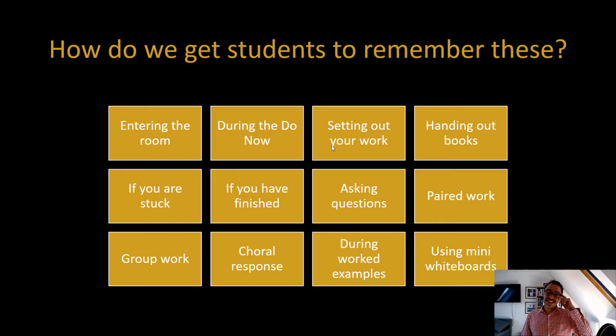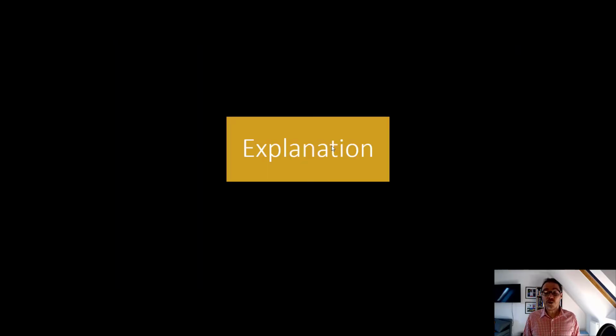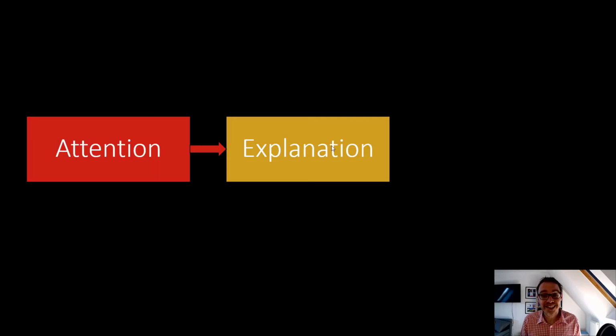So the big question is, how do we get students to remember the steps in a routine? Well, I think I've been making a big mistake about this for many years. I thought the key was just doing a really good explanation. So explaining to students, this is what you do here, this is what you do next, and so on. But that's missing out two really important things. So the first is something that needs to come before the explanation, and that is attention.